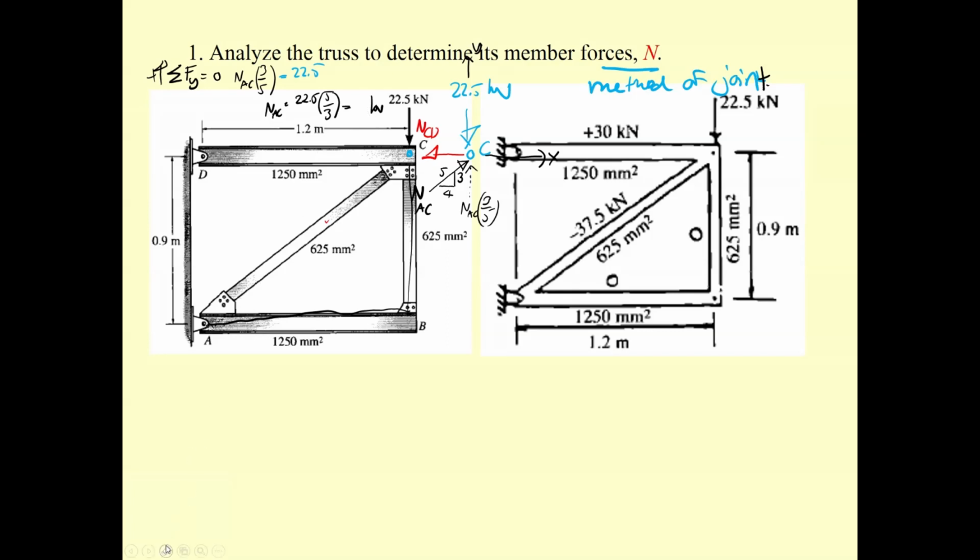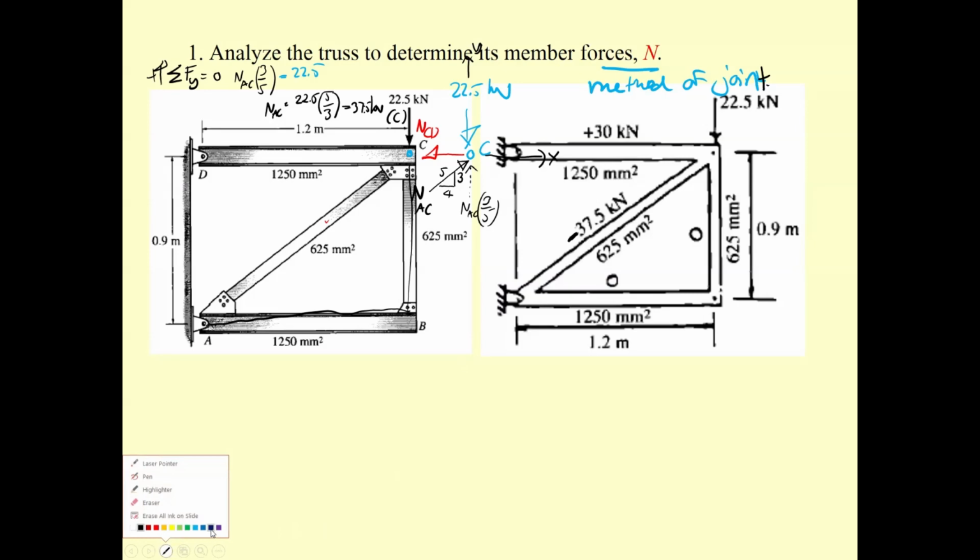Just check it. Put it into your calculator. Do you get the result of 37.5? And this one is going to be in compression. When it's in compression, put it as negative. Important. Put it as negative.